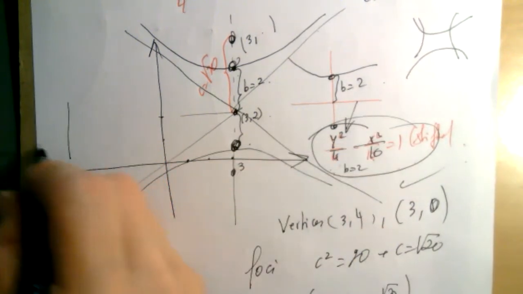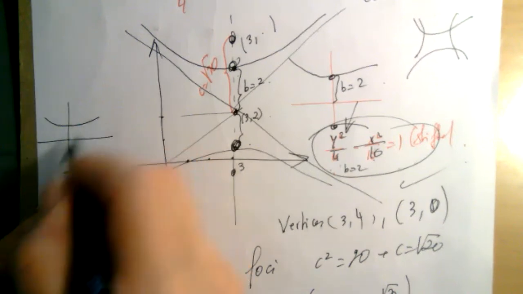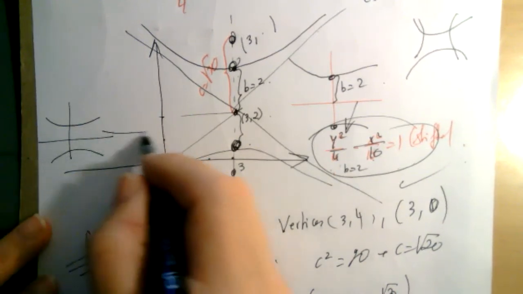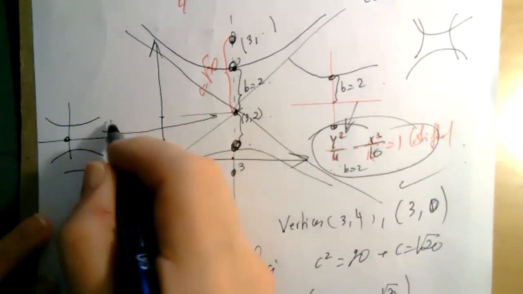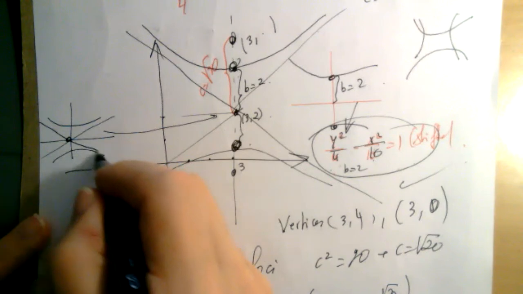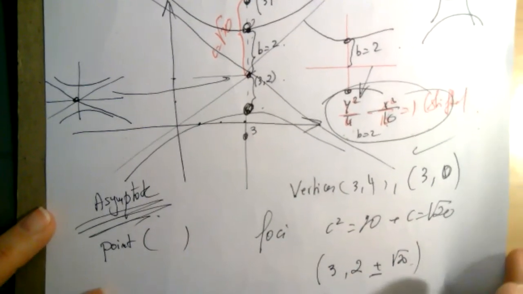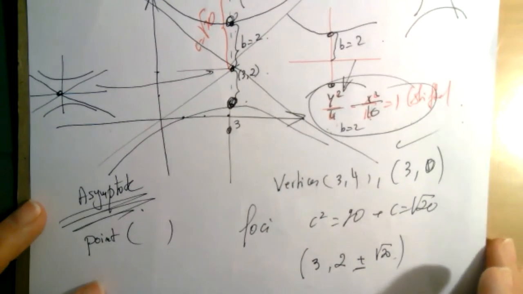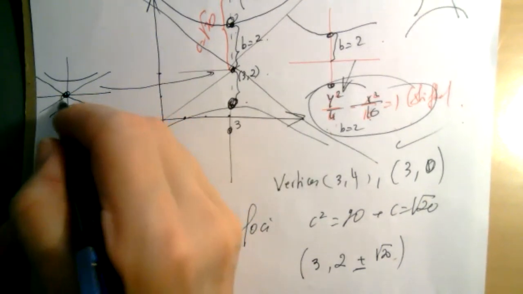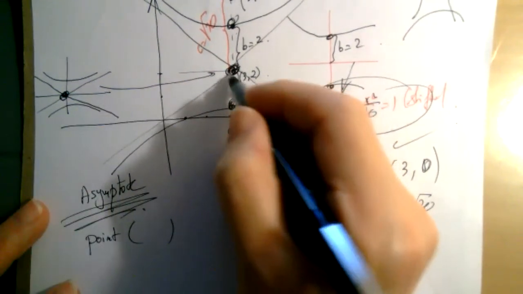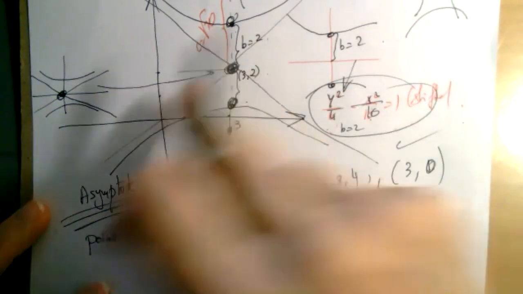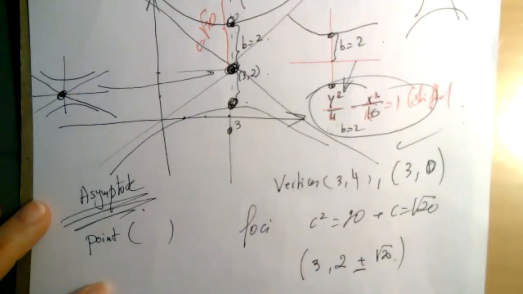The way we're getting this is we're starting from the basic one and we're shifting. That's really what we're doing. So this is the basic one, and we are shifting it. So when I shift, 0 is going to be shifted right there. And those are going to be my asymptotes.